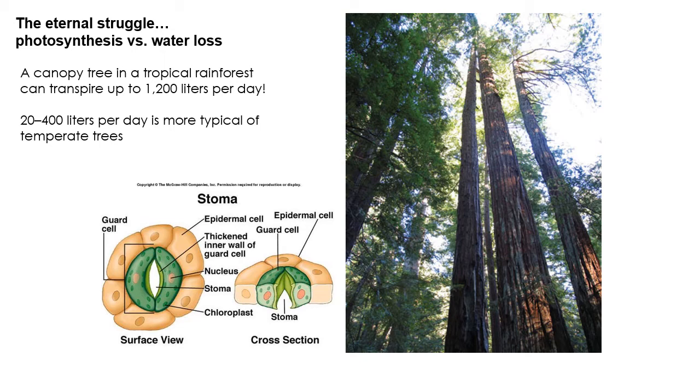That's a tremendous amount of water moving up through these trees and out into the atmosphere. More typically in temperate regions like North America, trees are going to lose anywhere from 20 to 400 liters per day. And of course that can be mitigated under drought conditions. Trees will lose a lot less because they start implementing some water loss strategies.